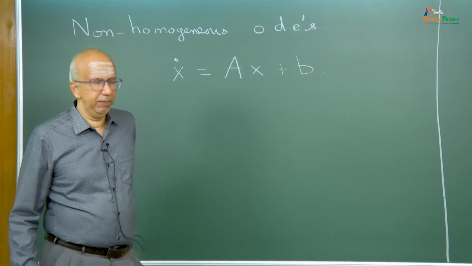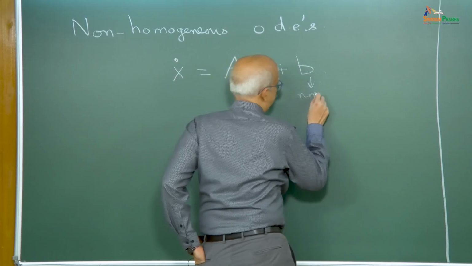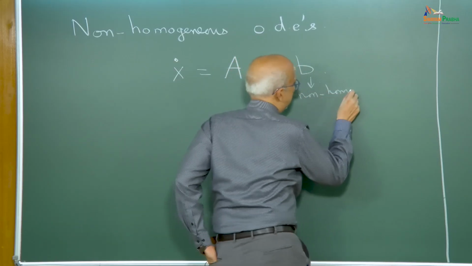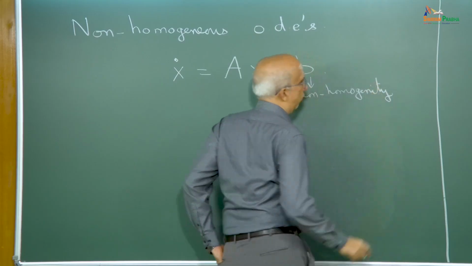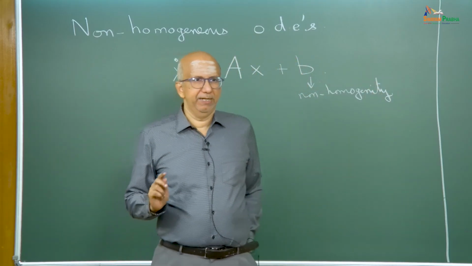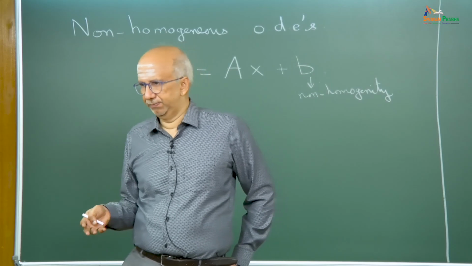This term b is my non-homogeneity. What do I mean by non-homogeneity? It is something like a source term, okay. It is something which is independent of x, the variable which you are interested in finding, okay.